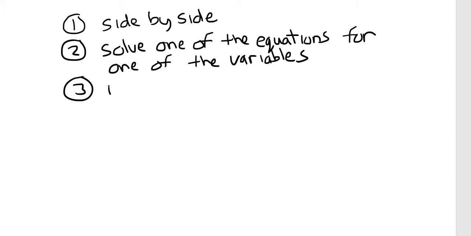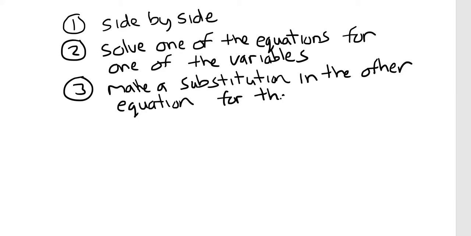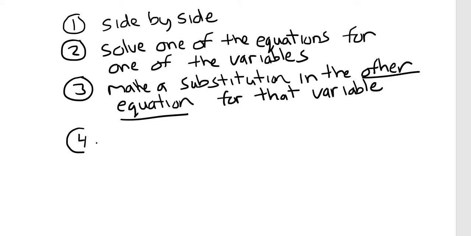And your third step is to make a substitution in the other equation for that variable. And remember, our whole goal with substitution is that when we make our substitution, we want to make a new equation that has just one variable to solve.